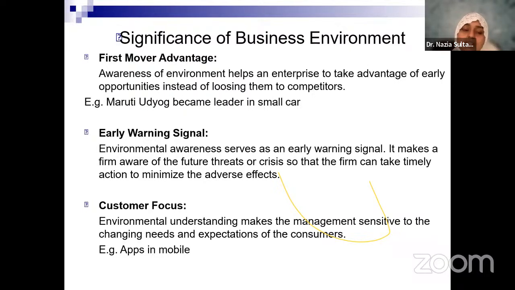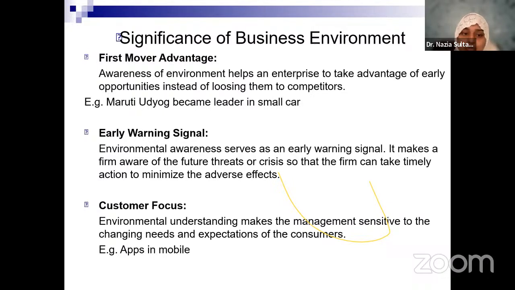Because sometimes, when you understand the environment and you are the first one to respond to it, you as a company will become something called a first mover. When you move first in the market by reacting to an environmental change and making use of the environmental opportunity, you will enjoy something called first mover advantage. Companies which do something before other companies do enjoy first mover advantage.